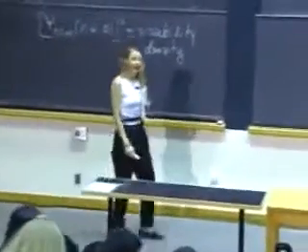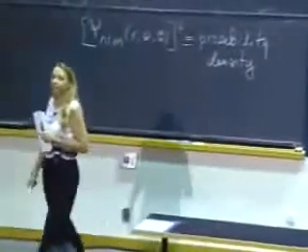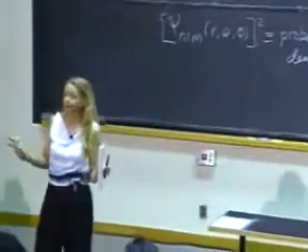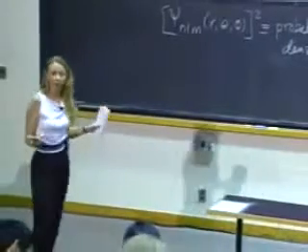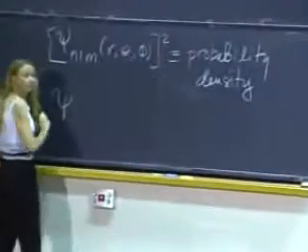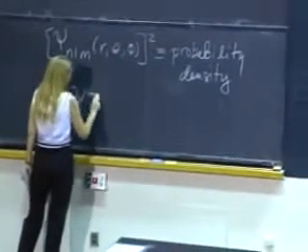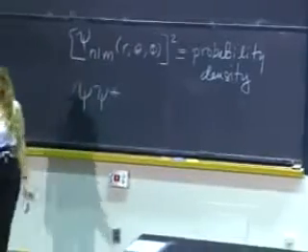Now, as an aside, because someone asked me, I should tell you that the more comprehensive definition of the probability density is psi, not squared, but psi times psi star, where psi star is the complex conjugate.